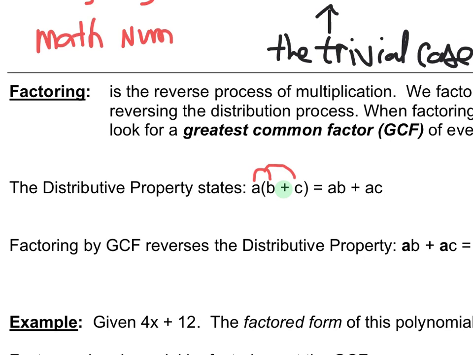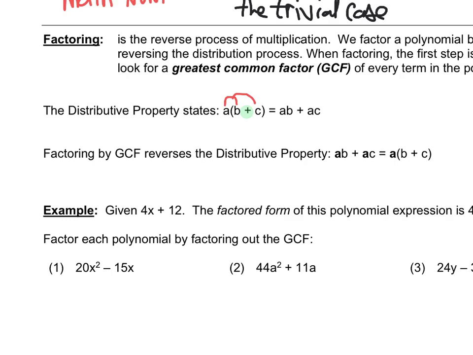What we're going to be given now are problems that have already been distributed. We have to undistribute them. We have to figure out what the expression was in front of the parentheses before it was distributed through. In order to do that, we have to find the GCF.